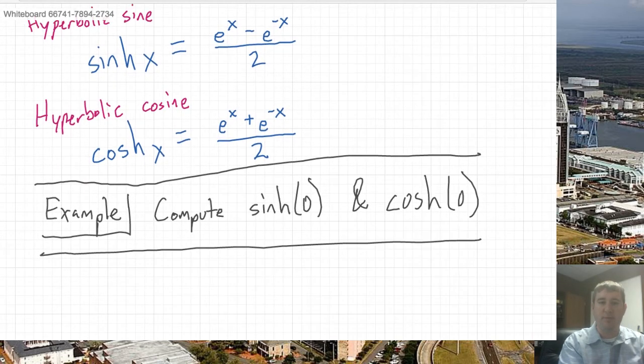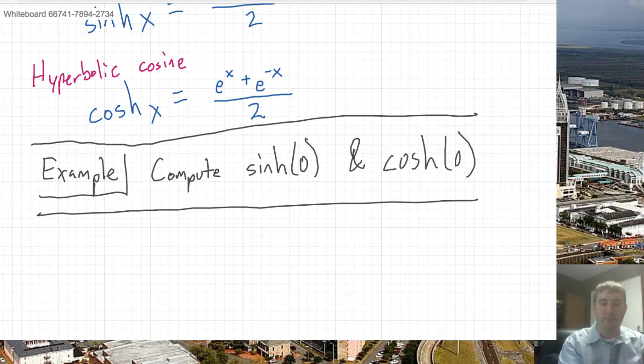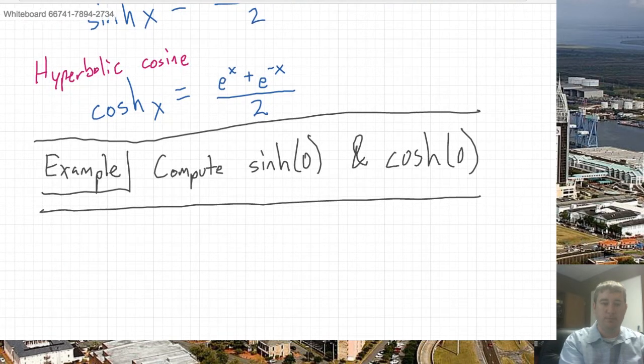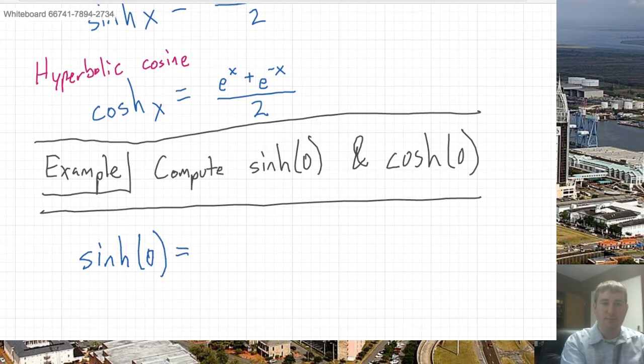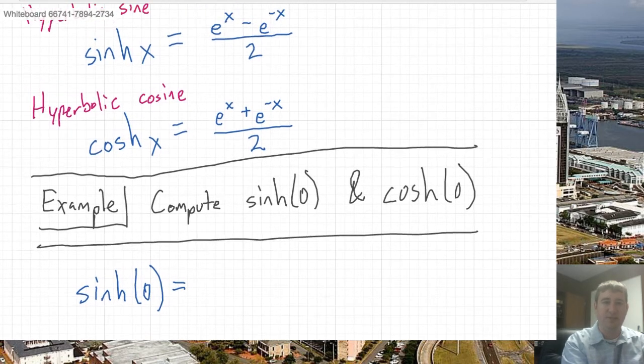So for the hyperbolic sine, we'll take sinh of 0 and use the formula e to the x. So instead of x, I have a 0, minus e to the negative x.